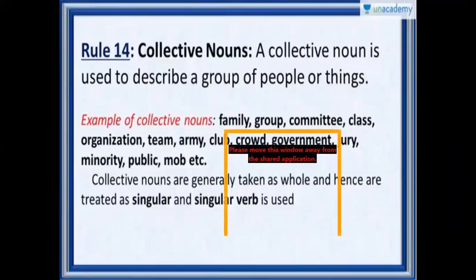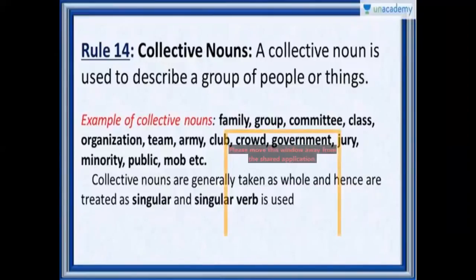Scenery is the name given to the group of things present in a particular area: trees, river, and all. Examples of collective nouns: family, group, committee, class, team, army, club. Collective nouns are generally taken as a whole and hence are treated as singular, and a singular verb is used.